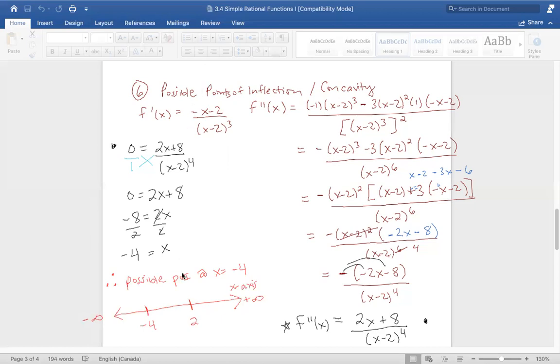And then just label it so I don't forget that that is not a critical point or a point of inflection, right? That's a vertical asymptote. Now this I could say POI, point of inflection, but we don't know for sure, it's possible. So we'll say POI for now until we do the chart to figure out for sure.